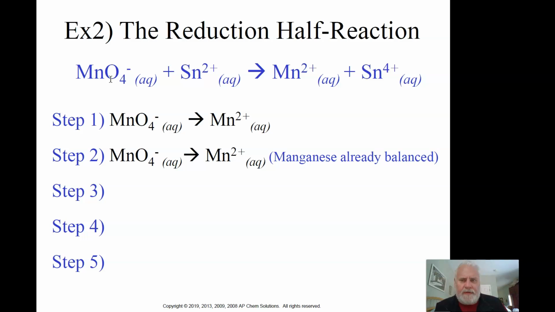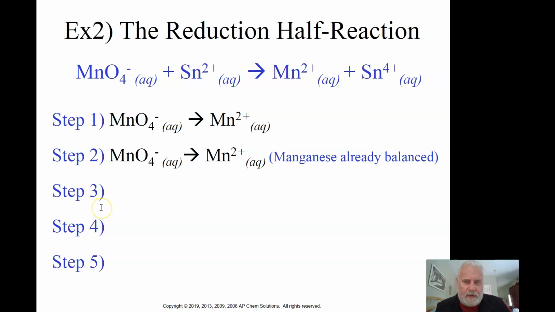And if you remember, step 2 was balance the manganese atoms, which is already done. And there's one on each side. But again, you'll rewrite it as a communication that you understand. That is what was being done in this step. Now we're going to go through these fairly quickly. We're going to go through these steps.